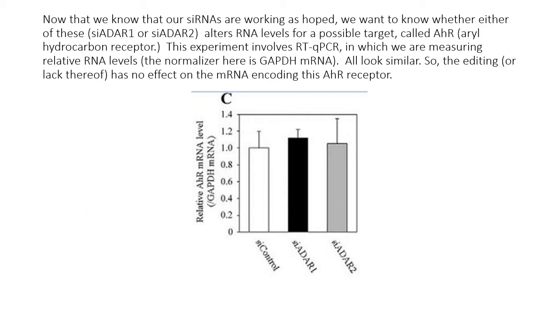This is again normalized to GAPDH, and the ratio there is set to 1. By comparison, there's no change in the aryl hydrocarbon receptor in the presence of either silencer, because our qPCR data tell us there's no change in the amount of RNA. Those bars look exactly the same. So there's no effect of either of those silencers on that receptor mRNA.